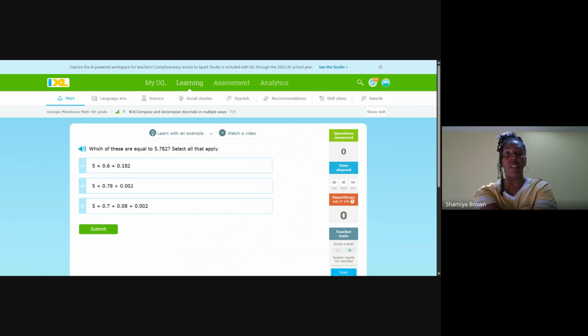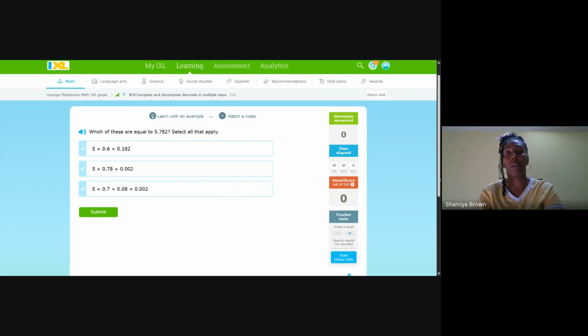And it says, which of these are equal to 5 and 782 thousandths? So I'm decomposing and composing decimals in multiple ways. And for this one, it's telling me that I have a 5, value of 5. So I have a value of 5 up here. Then it says 6 tenths plus 182 thousandths. So I need to see if that equals 782 thousandths.